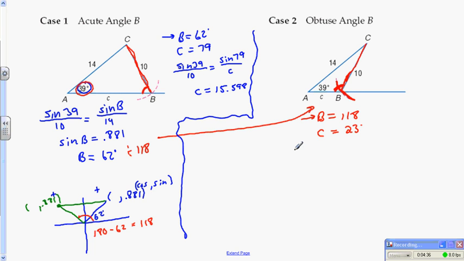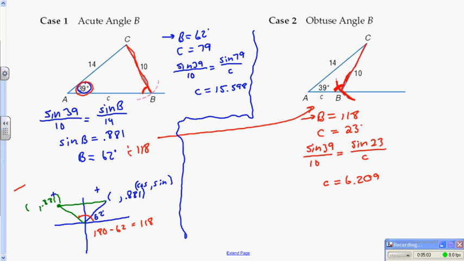So we go back and we would say sine 39 over 10. Use our newfound knowledge of 23 to find side C now. We cross multiply that, side C in this triangle would be approximately 6.209.